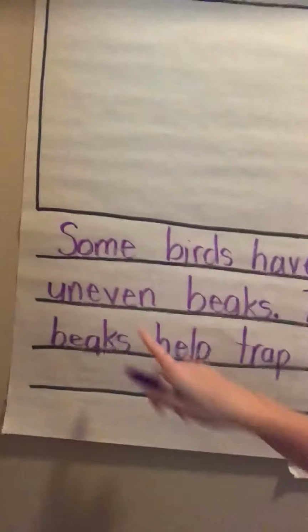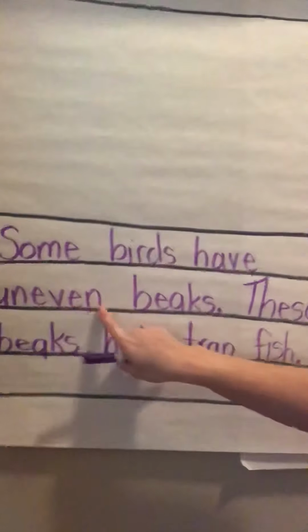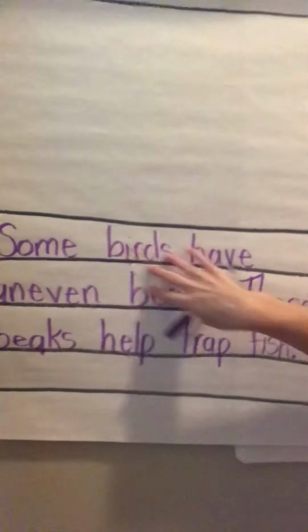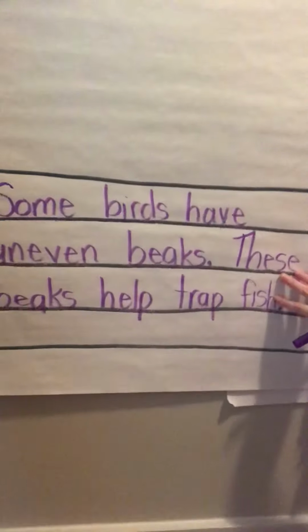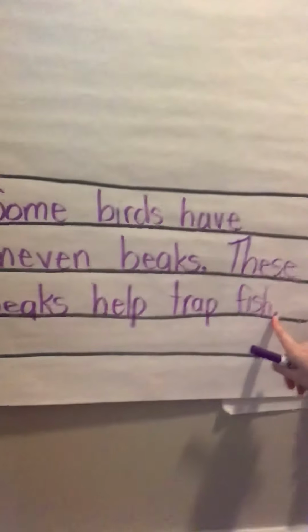So again, my first sentence describes what the beak looks like. Some birds have uneven beaks, so it tells about what it looks like. And then the second part says how it helps. These beaks help trap fish.